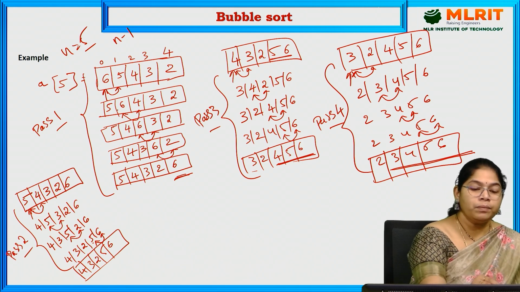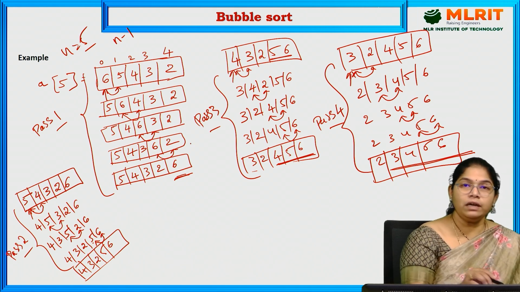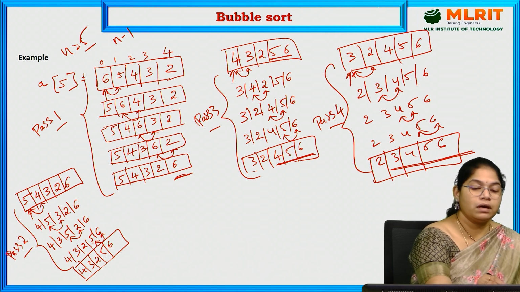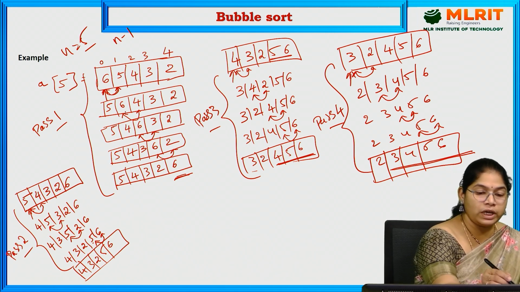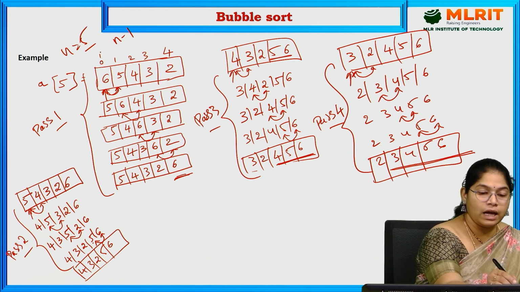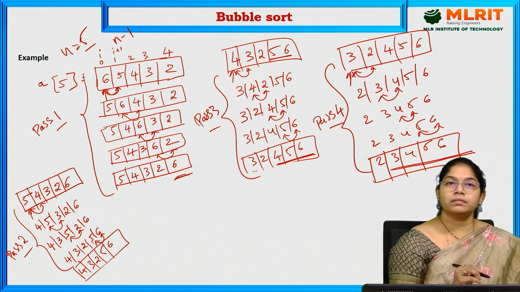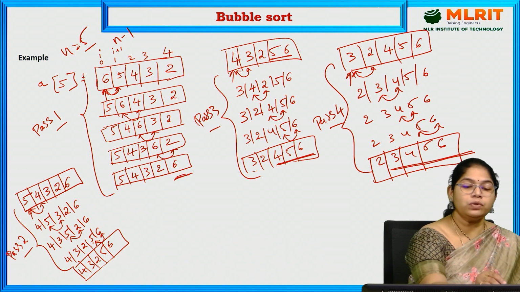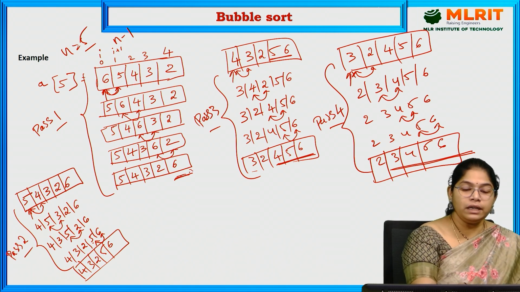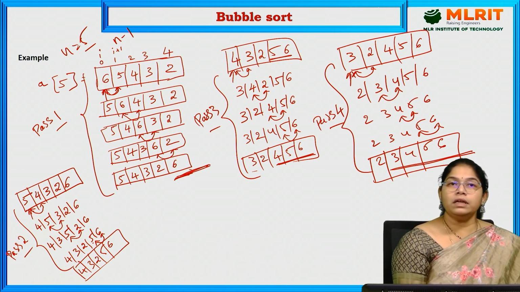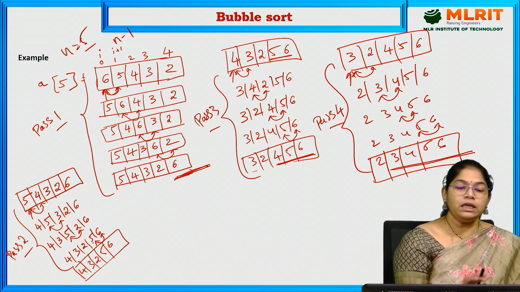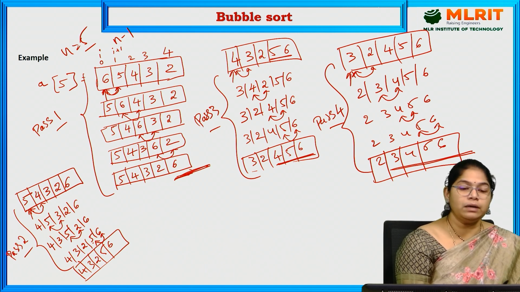And in the pass, what am I doing? I am checking the next 2 adjacent elements. That means I am checking, suppose, I with I plus 1. This is also repeated until the largest element is in its correct position in that particular pass.